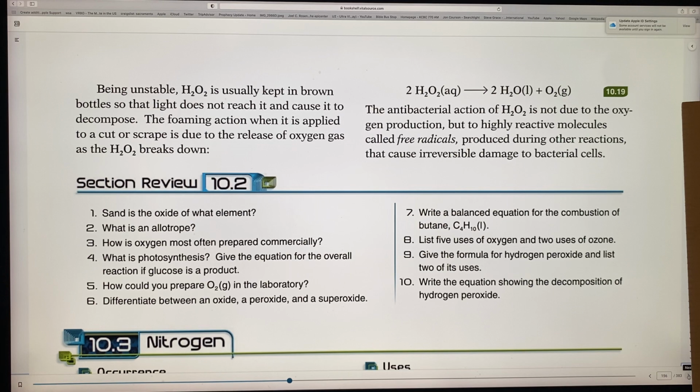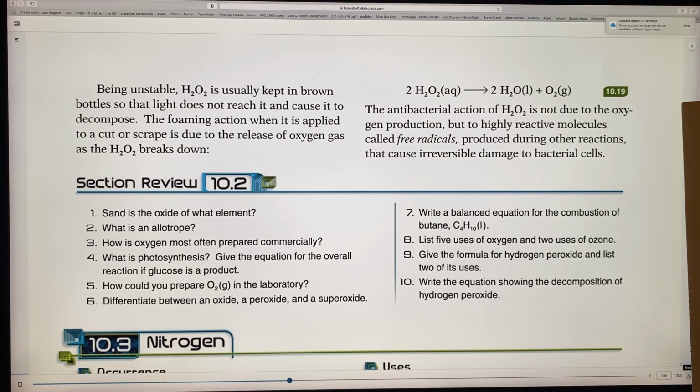When you pour peroxide on a cut or scrape, it foams a bit, but that's because it's releasing oxygen. Two hydrogen peroxides turn into water and oxygen.